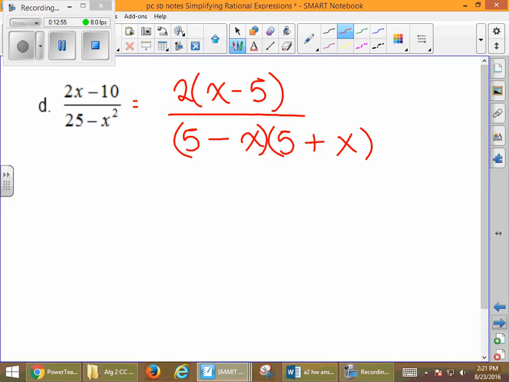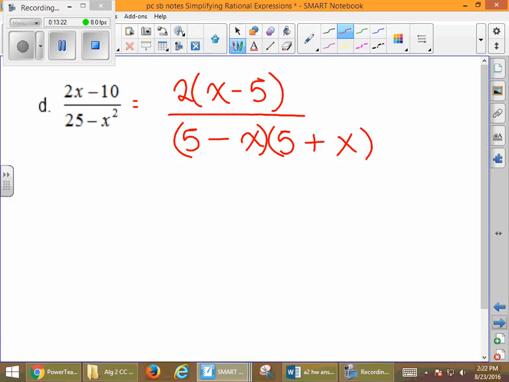Do we have anything exactly the same in the top and in the bottom? Almost, but not quite. Now, Thomas, you took Algebra 2 2 years ago, and Blake took Algebra 2 2 years ago. There might be other people who did as well. And we did this in Algebra 2 2 years ago. But what we have here is we have x minus 5.